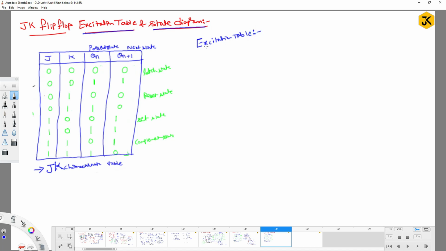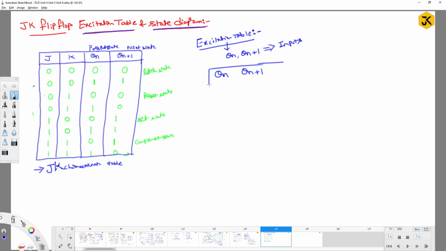Right, so the meaning of excitation table is, if you are going to give the Qn+1 values, you are able to define what the inputs might be. That kind of table I can call an excitation table. Here we are going to have two inputs, one is Qn, another one is Qn+1.